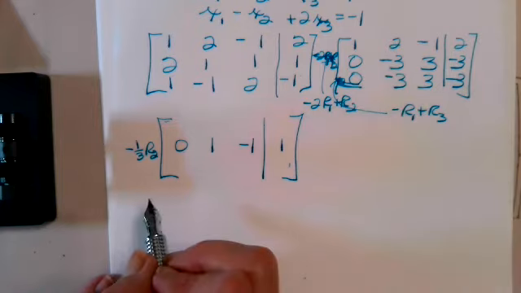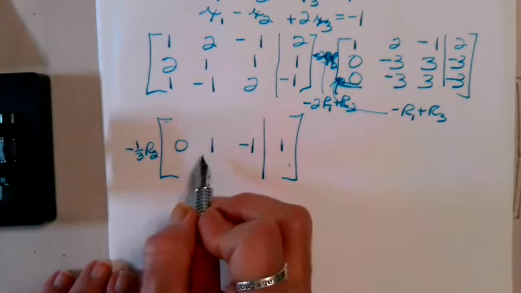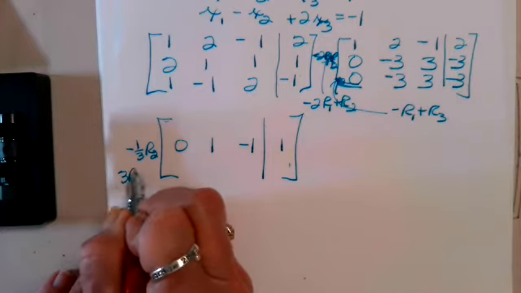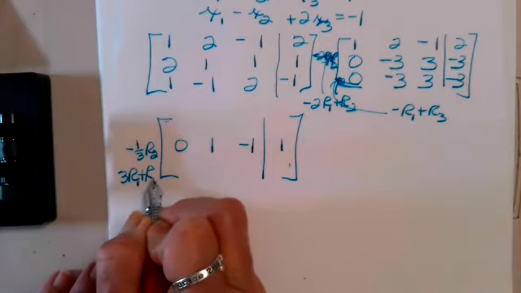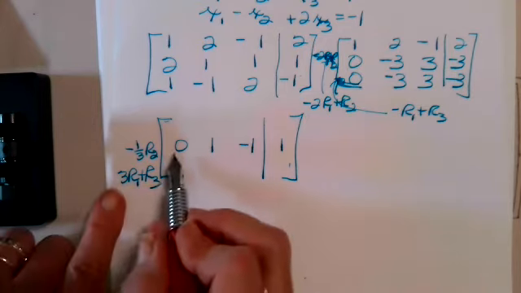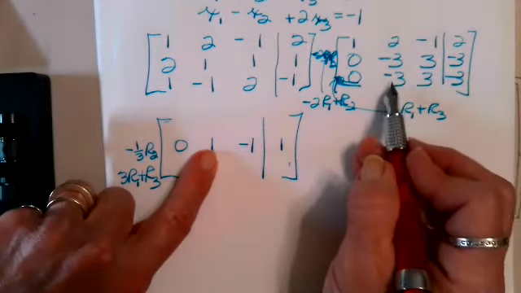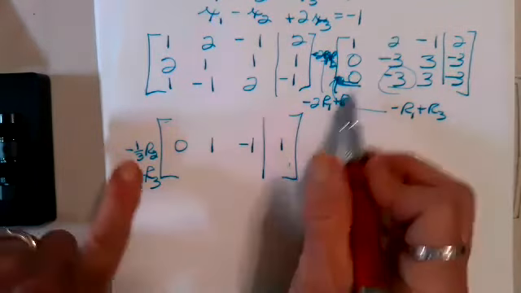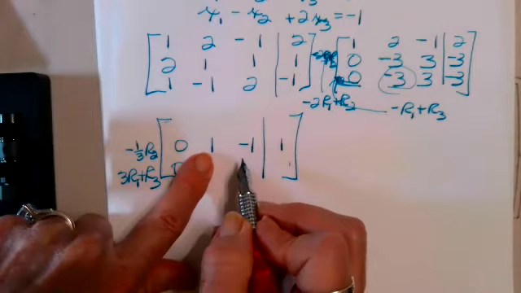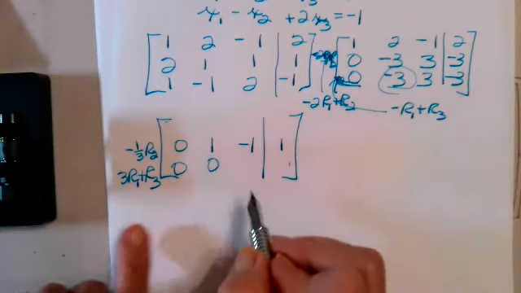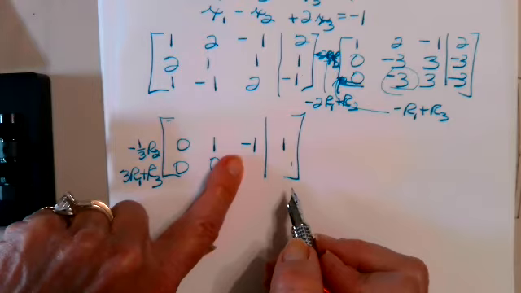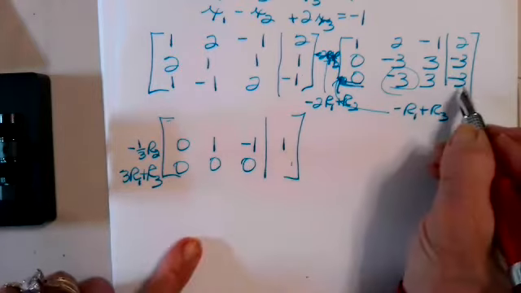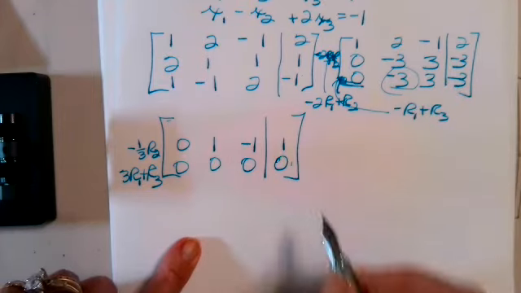So playing the same game down here, you would multiply row 2 by 3 and add it to row 3. So it'll be 0 plus 0 is 0. 3 times 1 is 3, and add it to minus 3, you get 0. 3 times minus 1 is minus 3, and you add it to 3, you get 0. 3 times 1 is 3, and you add it to minus 3, you get 0.